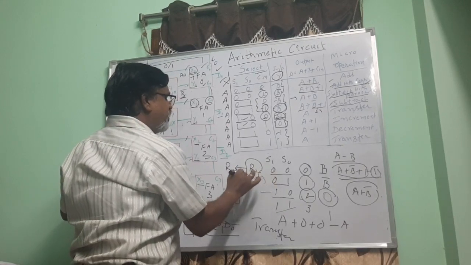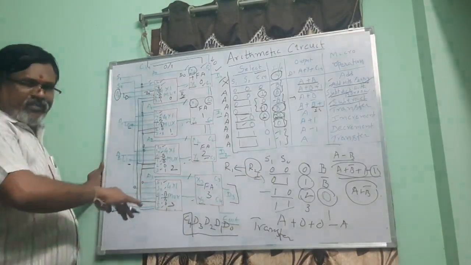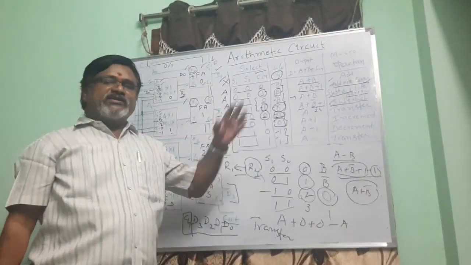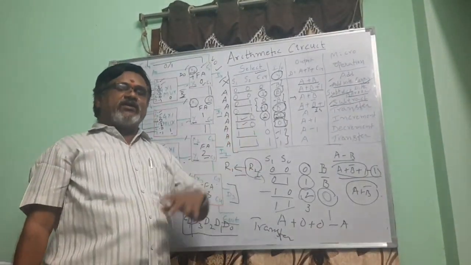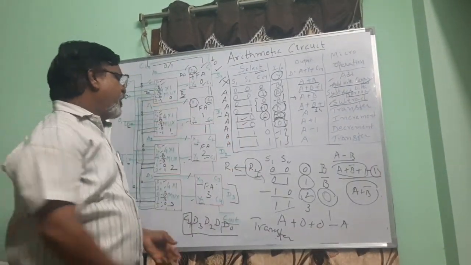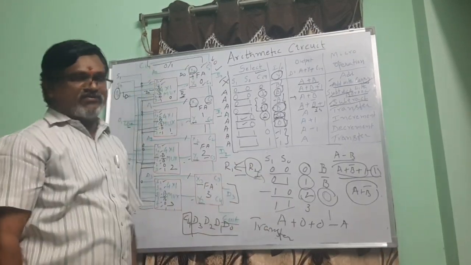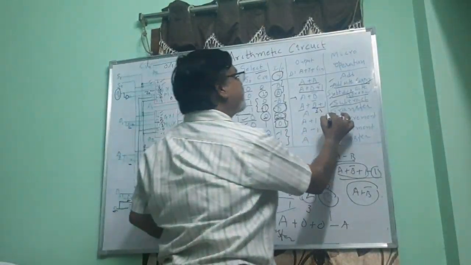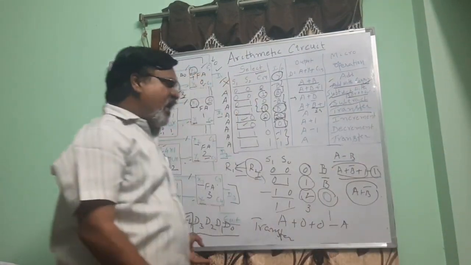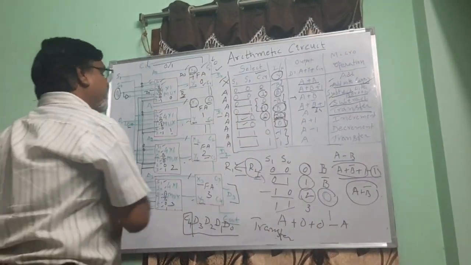The value of R2 is copied into R1. So apart from addition, subtraction, increment, decrement, in this diagram we are also executing the register transfer operation, transferring the same input as one of the micro operations.